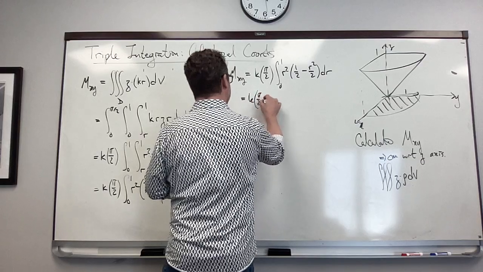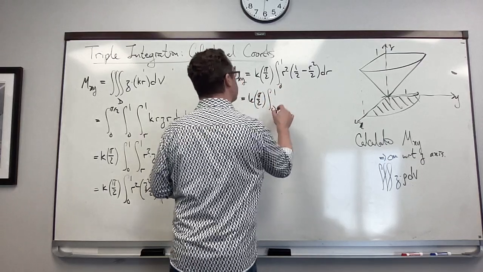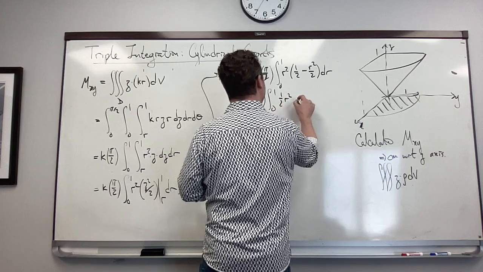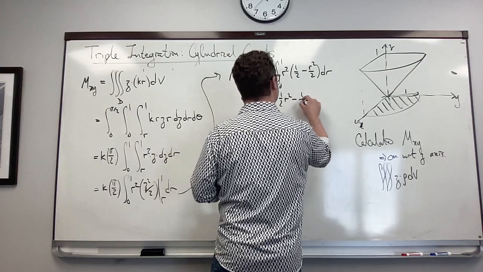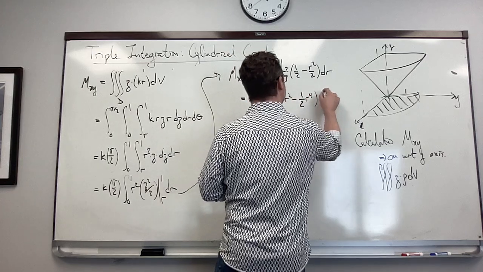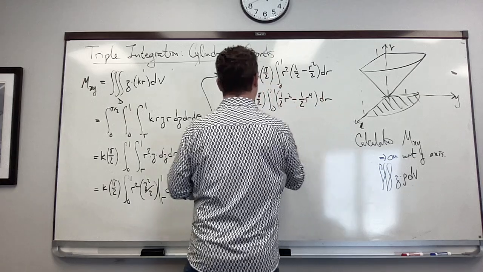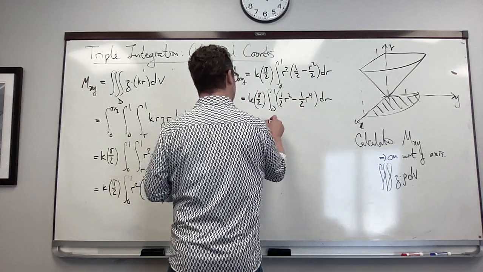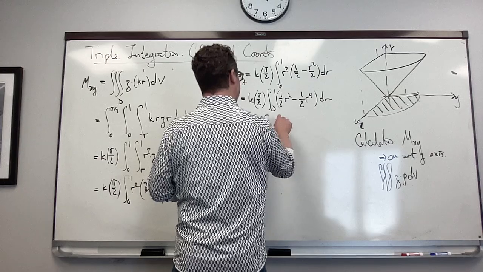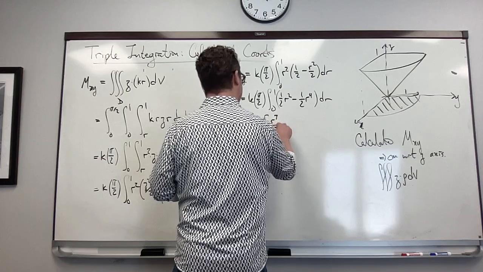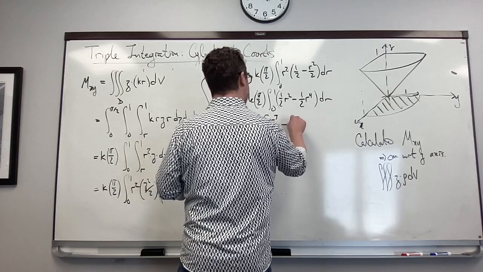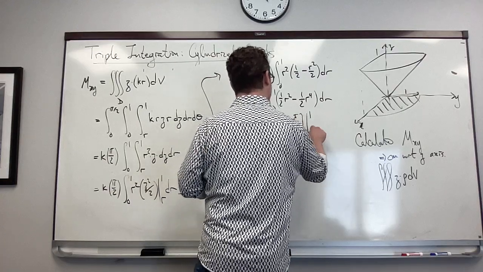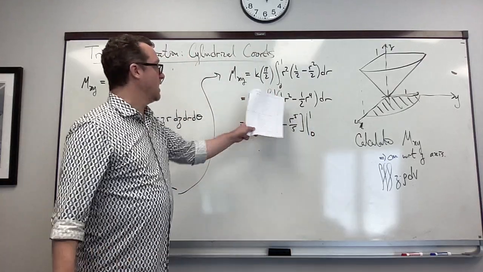Pi over 2, 0 to 1, we've got 1/2 r squared minus 1/2 r to the 4th. I can bring the 1/2 out, so this becomes k pi over 4, and then I have r cubed over 3 minus r to the 5th over 5, from 0 to 1.